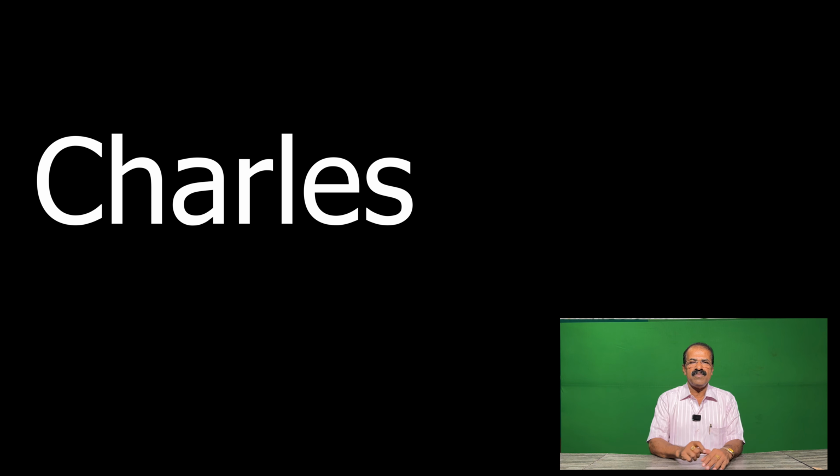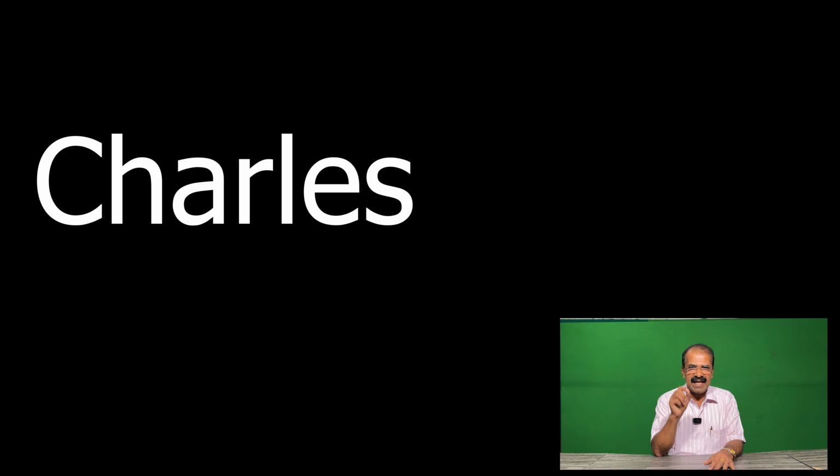Charles is a good friend of mine. Look at his name, Charles. What is the last letter here? Yes, Charles. Charles is the name of the person. The last letter is S. This should be treated just like any other name, like Radha, like Mary, like John, like Peter.